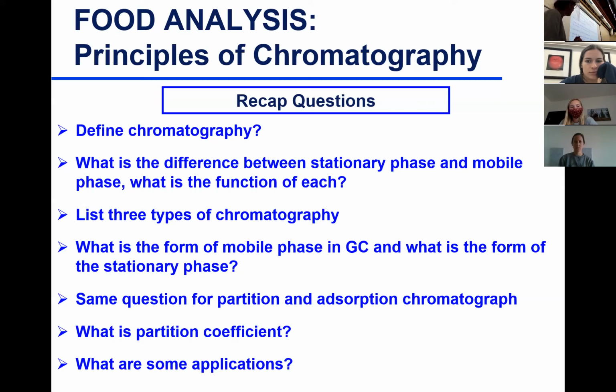So what's the difference between stationary phase and a mobile phase, and what's the function of each? Dan? Exactly, Dan said it in a very simplified way: the stationary phase is where our components of interest are attracted to and interact with, and it's not moving, it is stationary.